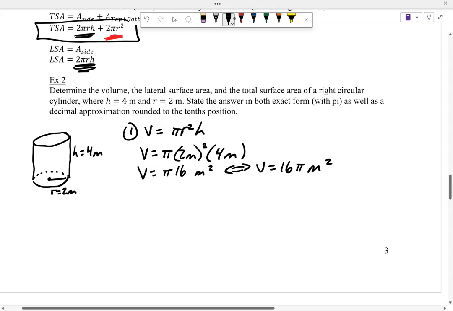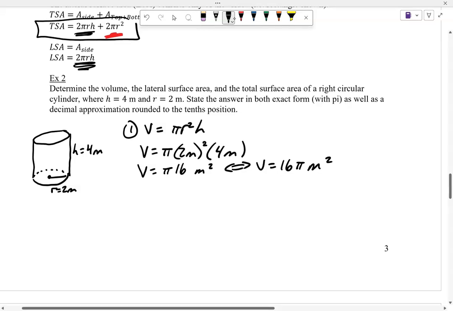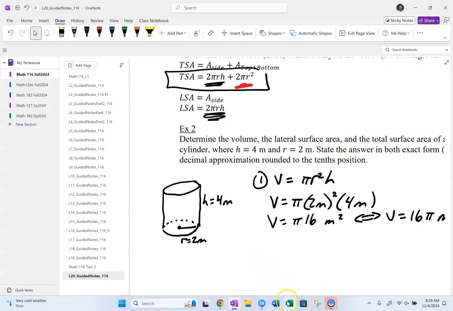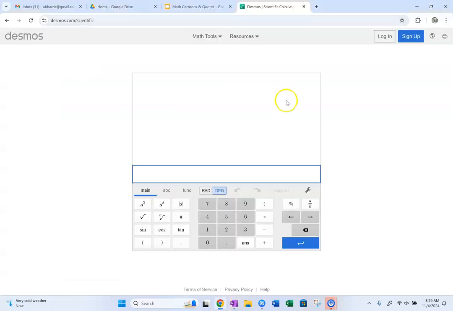And then make sure you go ahead and punch that in. They want it both in exact form, that means with the pi, and I also want this in decimal form, and in this case rounded to the 10th position. So I go ahead and pull up my decimals, punch in 16, and you can punch in pi for pi, or you can get that right there, and I get 50.26548.246.